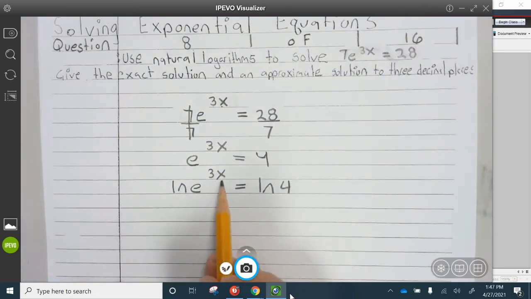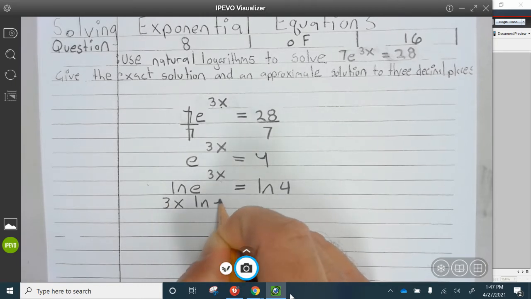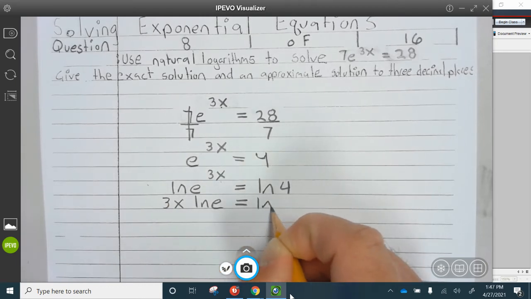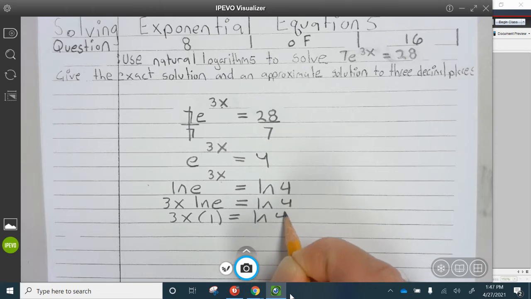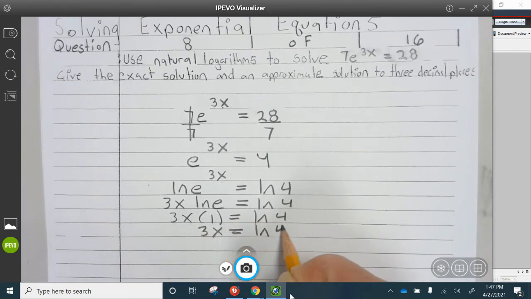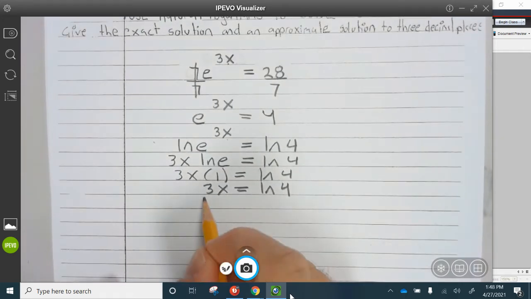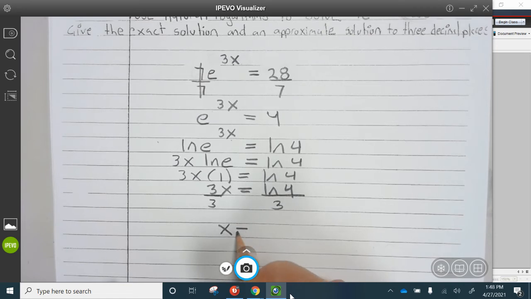Okay, this goes to the front, so then that's 3x times natural log of e equals natural log of 4. That becomes 1, so that's 3x times 1 equals natural log of 4, which is 3x equals natural log of 4. Divide both sides by 3. So x equals natural log of 4 divided by 3.